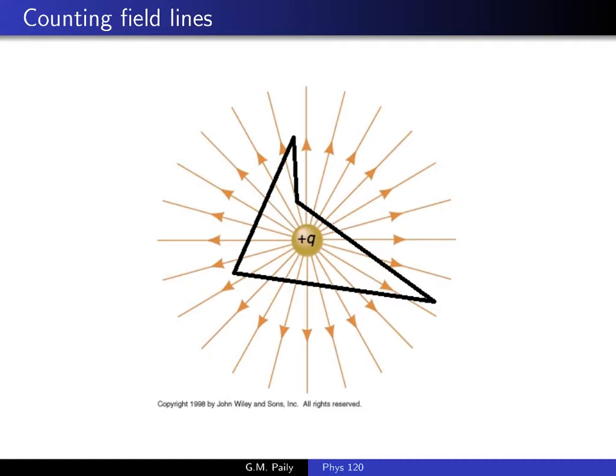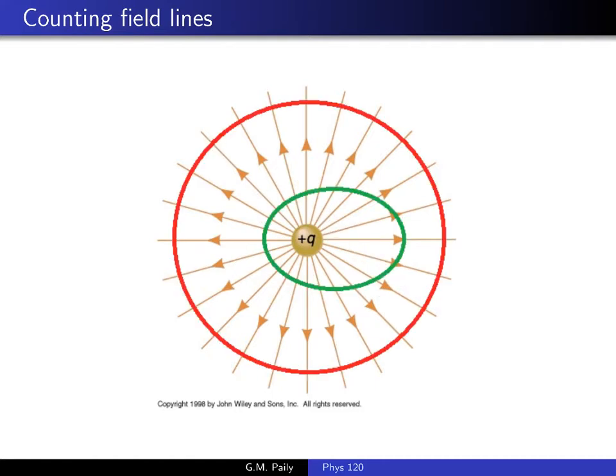And again, it doesn't have to be a smooth shape. It can be any arbitrary shape like this. And if you count, you can see again that there are 24 field lines passing through this surface. So let's examine this. What if we have two shapes surrounding our charge? Which one has more flux passing through it?